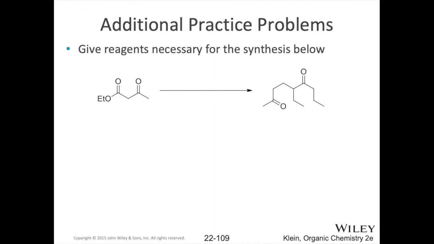Okay, so here again we're starting off with ethyl acetoacetate. Notice, by the way, that we have two carbonyls here, and there's 1, 2, 3, 4, 5 carbons involved in that chain. So there's 3 carbons in between the 2 carbonyls. So think about what that template fits into.